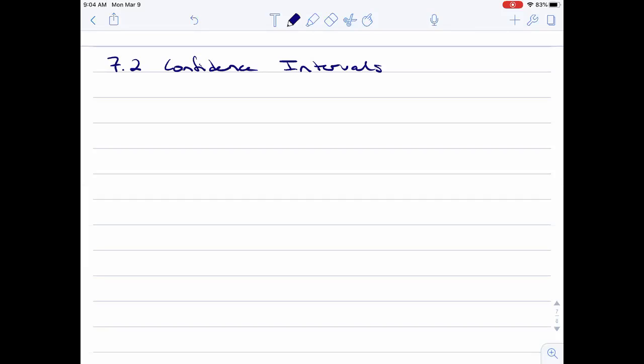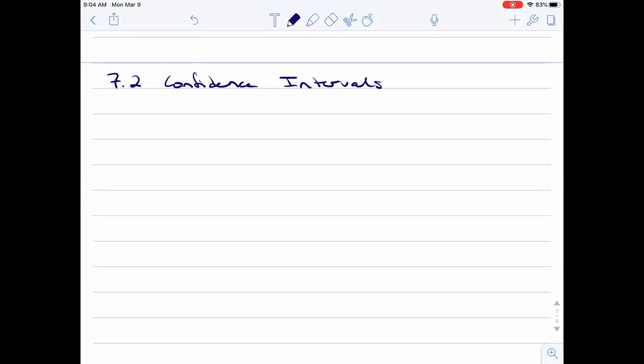So we're going to be finding confidence intervals and doing hypothesis testing, which is what we'll get to in 7.3. Hypothesis testing is this kind of multi-phase thing that we do, and that's the reason you have to take this course, so that you've been introduced to hypothesis testing in various forms. So we'll start with confidence intervals because that's how they fall in the chapters, but also it's a little bit easier to wrap our heads around.